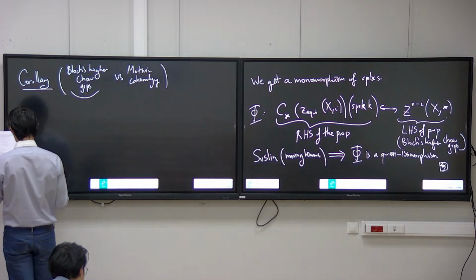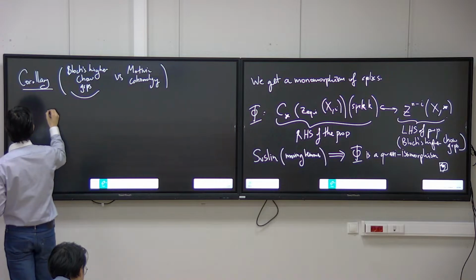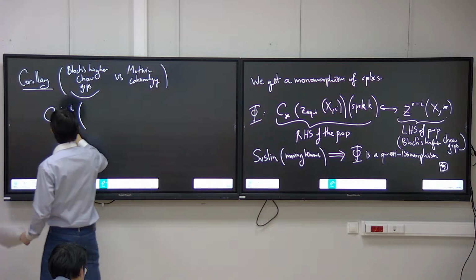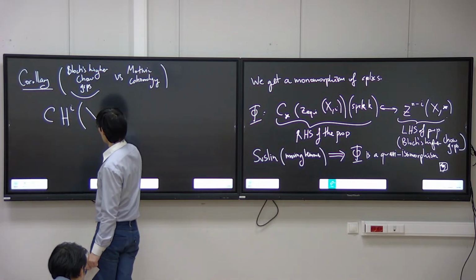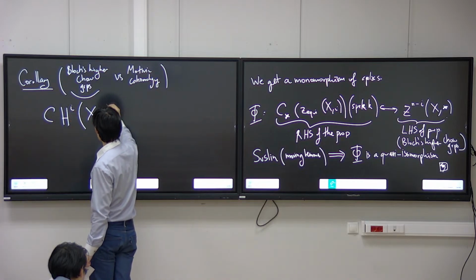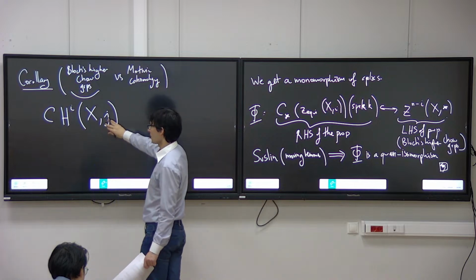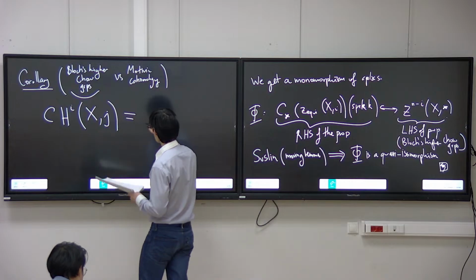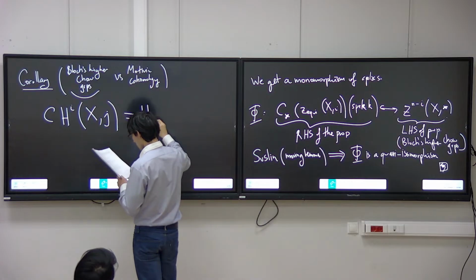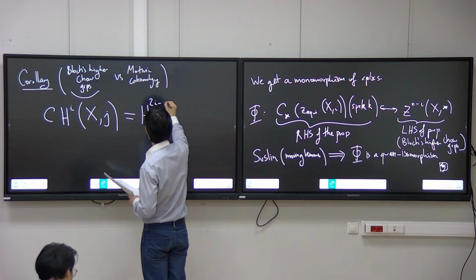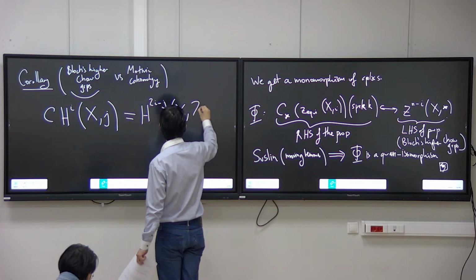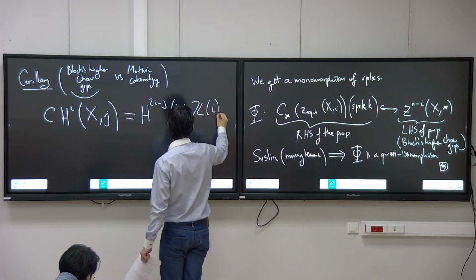So the statement is as follows. The Bloch higher Chow groups of codimension i of X, with j homology of the complex, is equal to motivic cohomology. So H with the correct indices, 2i minus j, of X, of Z of i, twisted by i.